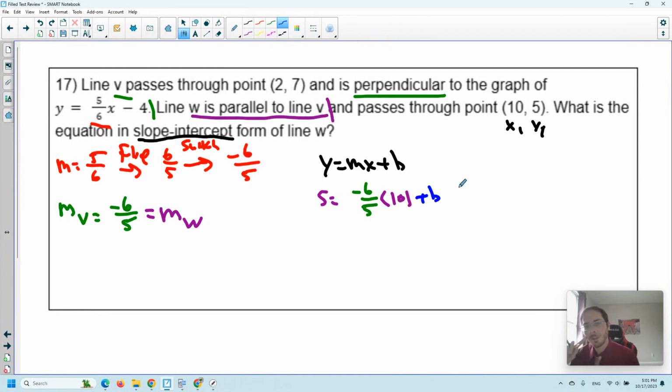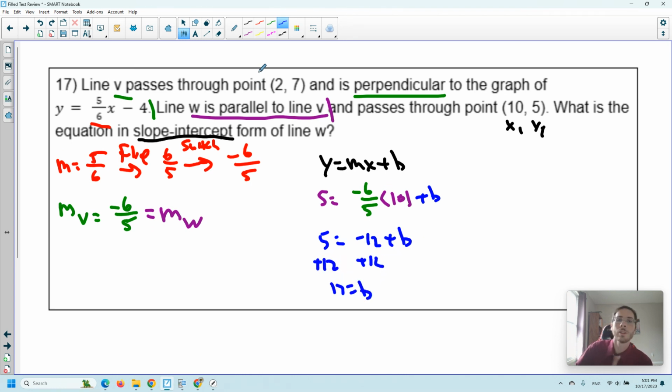Now, you might be kind of sad. We got negative 6/5, and that looks like a fraction. But when we multiply, negative 6/5 times 10 is actually just negative 12. So our fraction actually goes away. Really quickly, we can add 12 to both sides to get 17 for b.